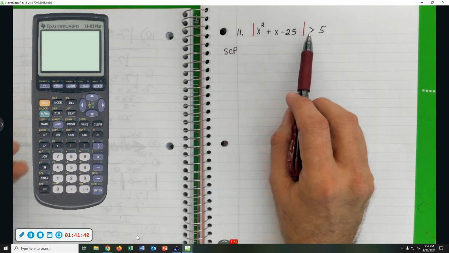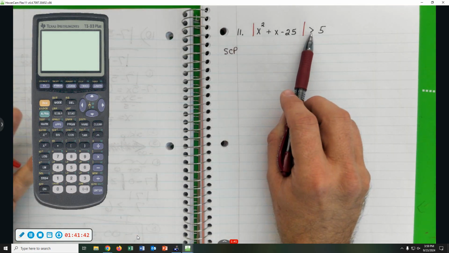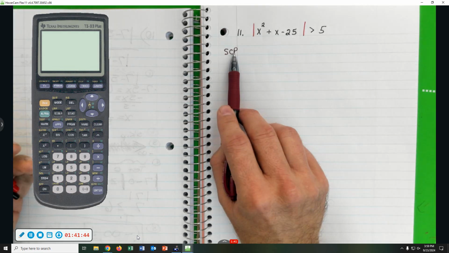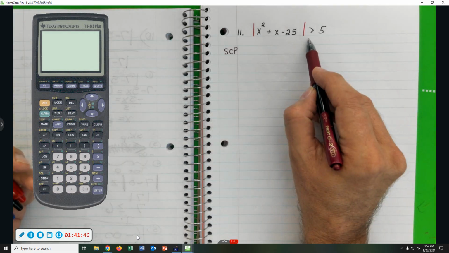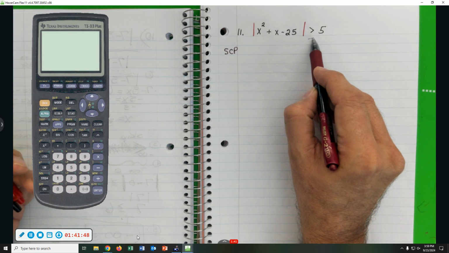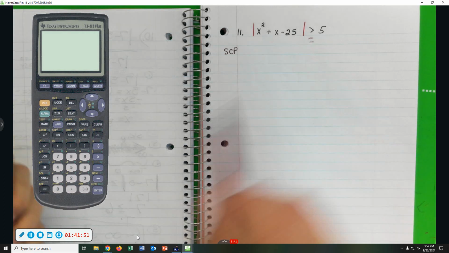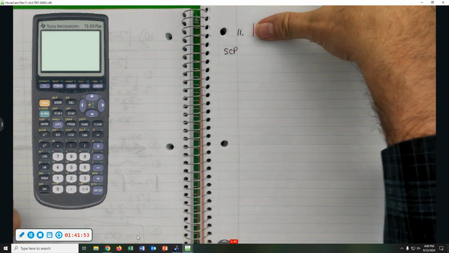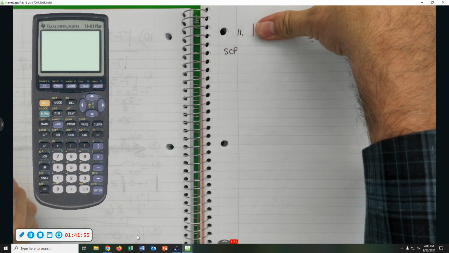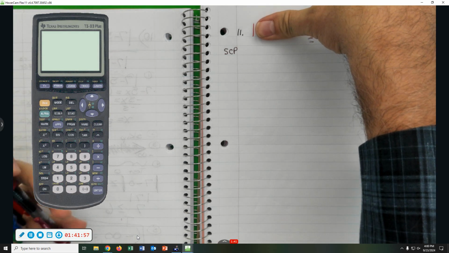Okay, so to solve an absolute value inequality, to find the solution cut points, the first thing you do is solve it with an equal sign. What numbers have absolute value equal to 5? What's the only numbers that can be in there? 5 or negative 5.